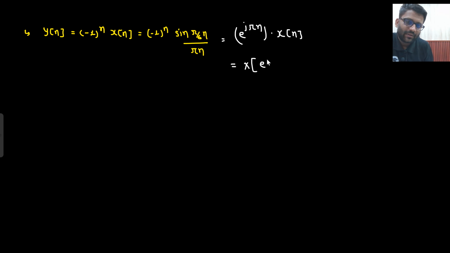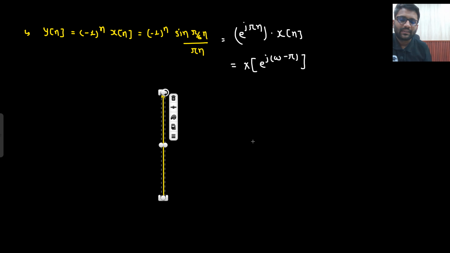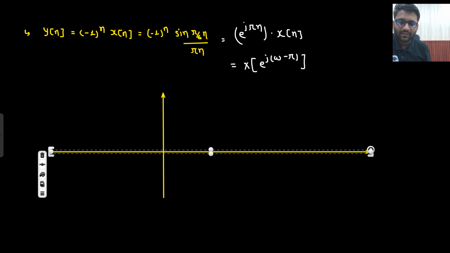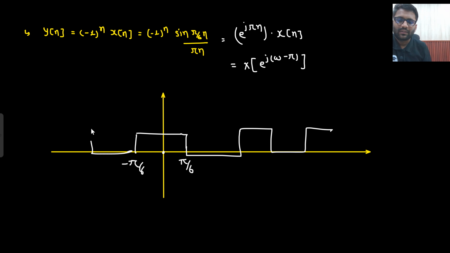What kind of response will you get? The center is at pi. Previously the center was at 0, so you were getting this kind of waveform, minus pi by 6 to plus pi by 6, center being at 0, and then it was repeated with 2 pi. This was what we were getting.